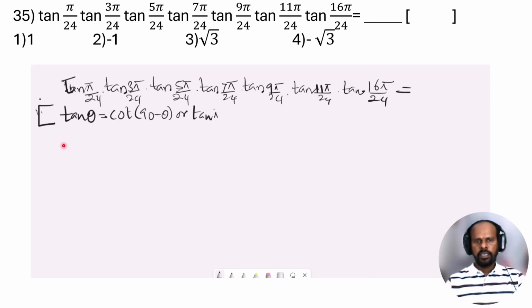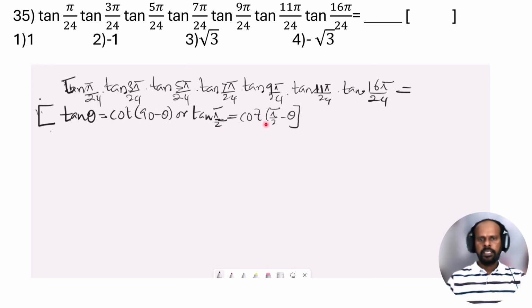Otherwise, tan θ, taking π/2, can be written as cot(90° − θ). So here, in place of θ, I am writing π/2.